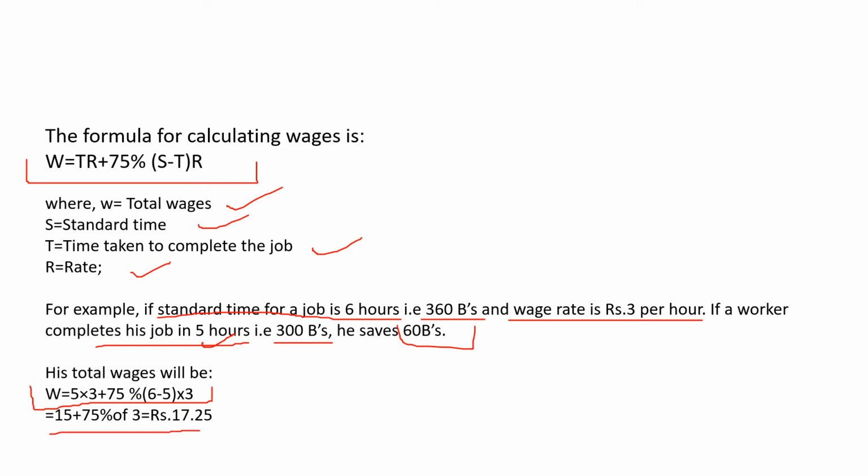So that will come up to rupees 17.25. So this is the total wage that he will get according to the Bedaux plan, that is incentives plus the time that he has saved.